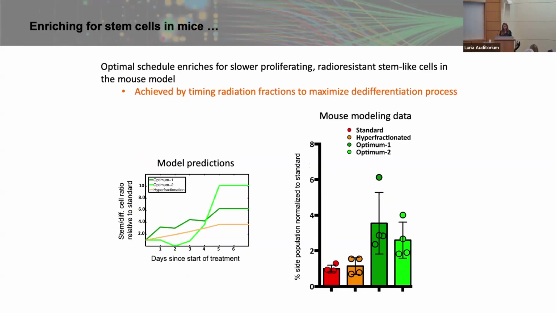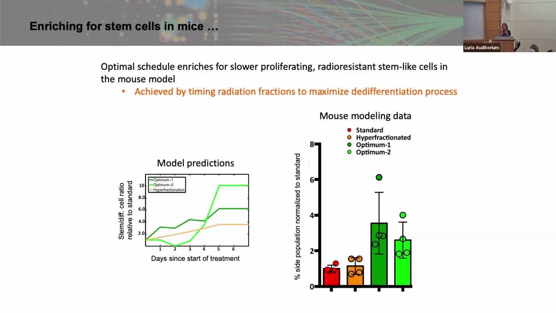The mechanism seems to be that we enrich for nestin positive cells through this fractionation schedule where we give an additional dose before the potential stem-like cells either have been eradicated or replenished from dedifferentiation of the differentiated OLIG2 positive cells.